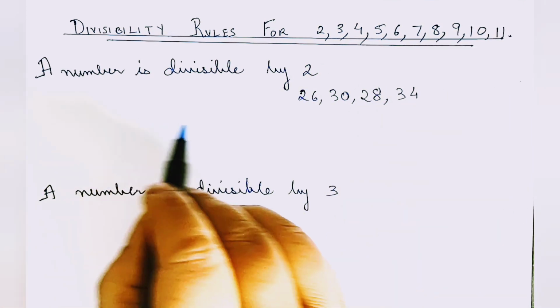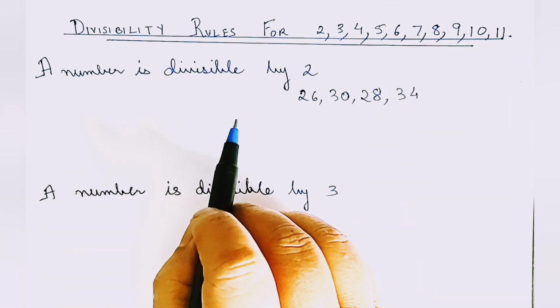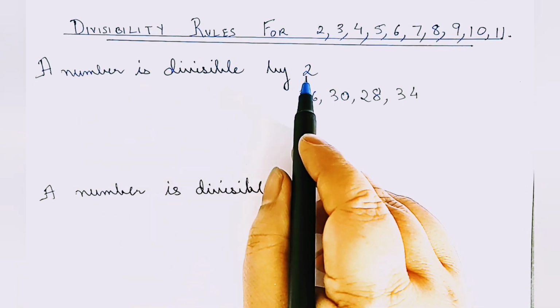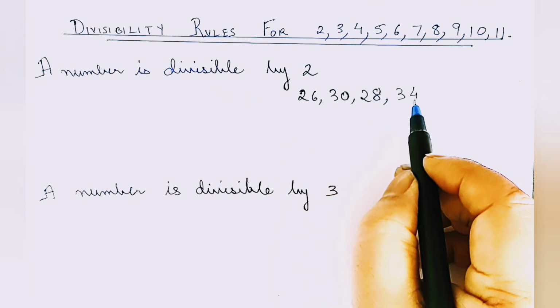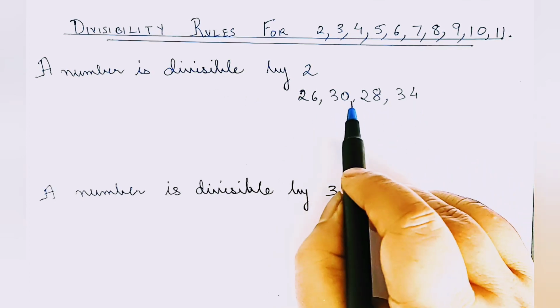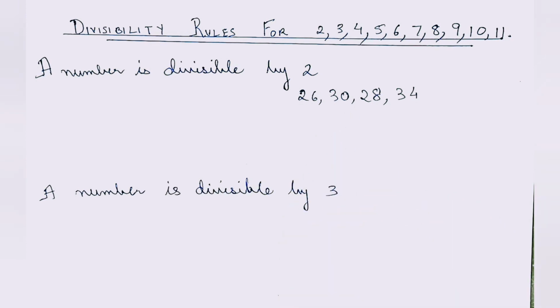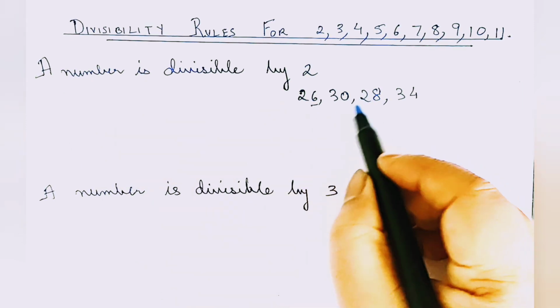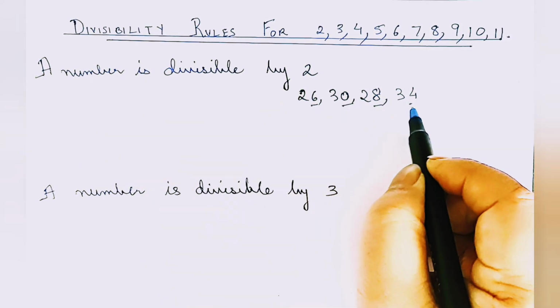Now what is the condition, friends? To know if a number is divisible by 2 or not, you have to see that in its unit place if the number is an even number or not, including 0. Now this is the unit place: 6, this is 0, this is 8, this is 4.